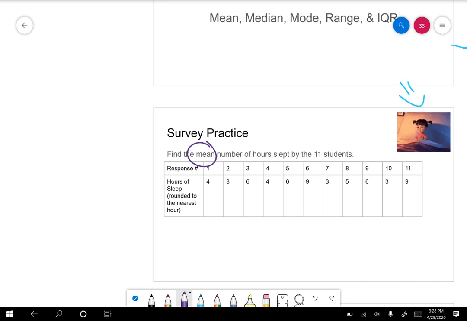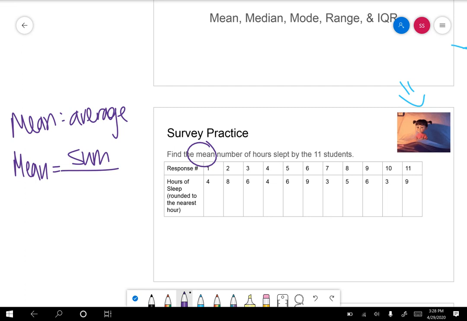Now, as a quick review, the mean, another word for it is the average. Essentially what you do to find the mean, I'm going to write this out: mean equals the sum of all the data.